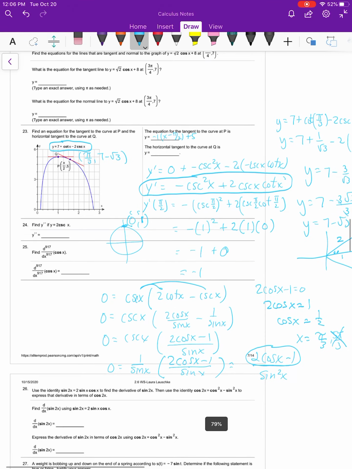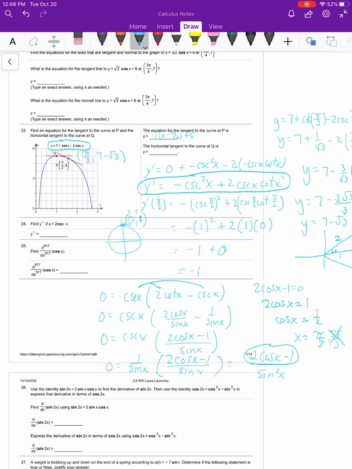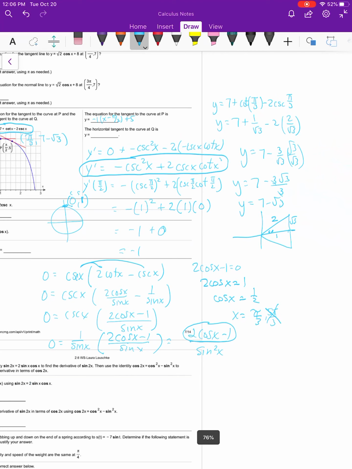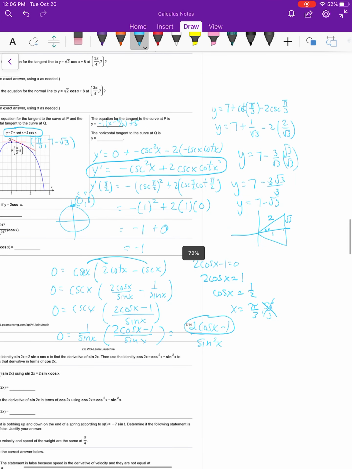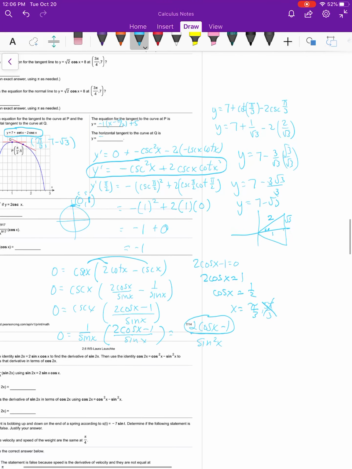Okay, so you have to be careful for that horizontal tangent because it's very misleading. So the horizontal tangent to the curve at Q is y equals whatever that y value is. So it's going to be 7 minus the square root of 3 because it's going to be the y value of this point right here.